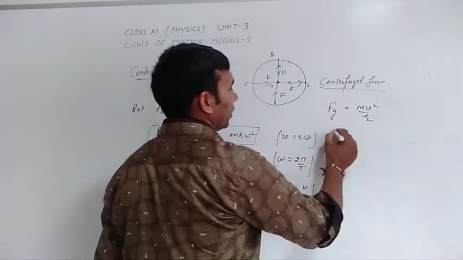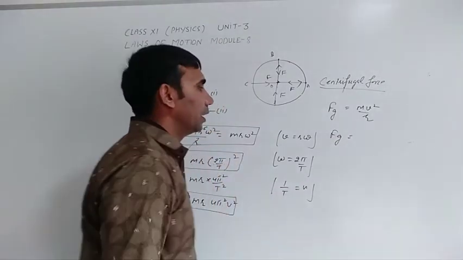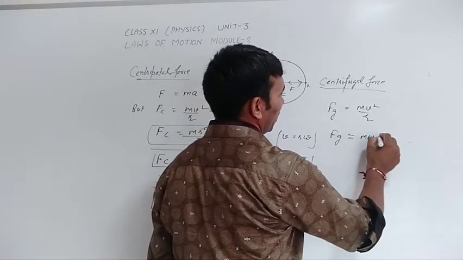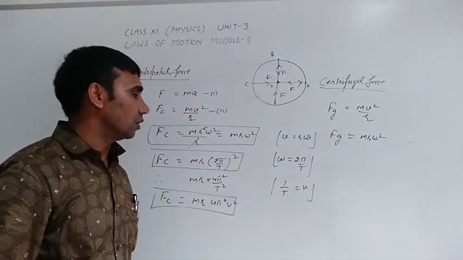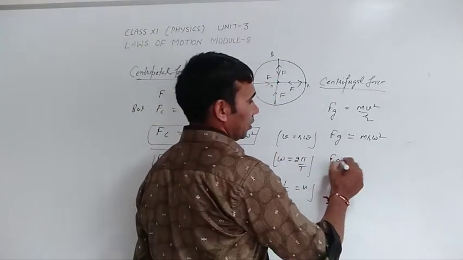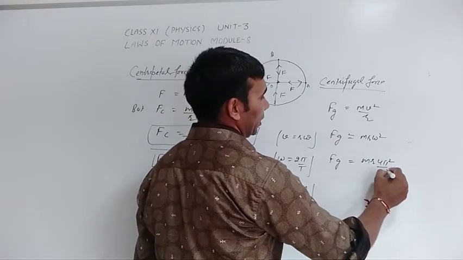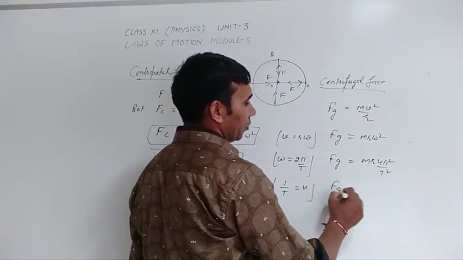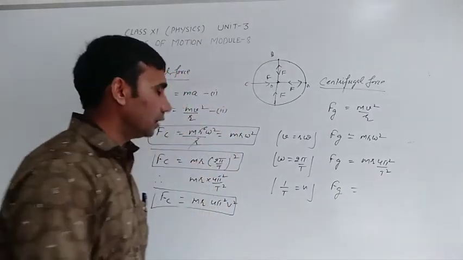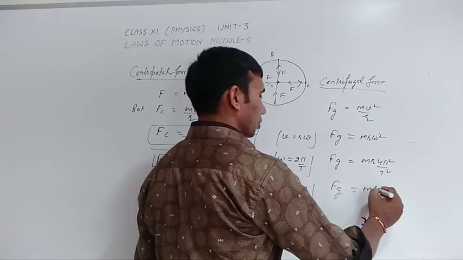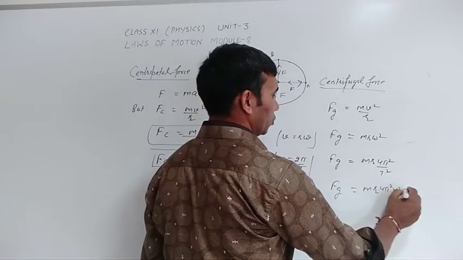This can be written as Fg equals m r omega square. Fg equals m r 4 pi square divided by T square. Centrifugal force can also be written as m r 4 pi square nu square.